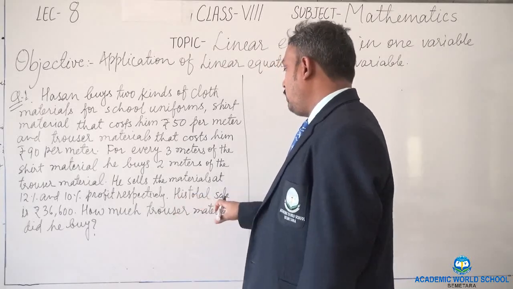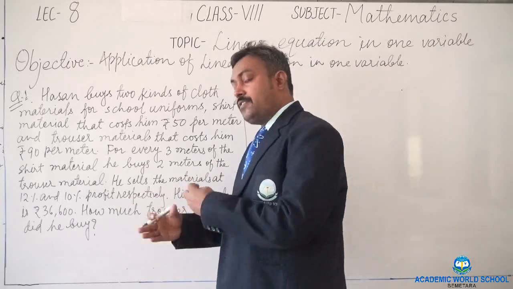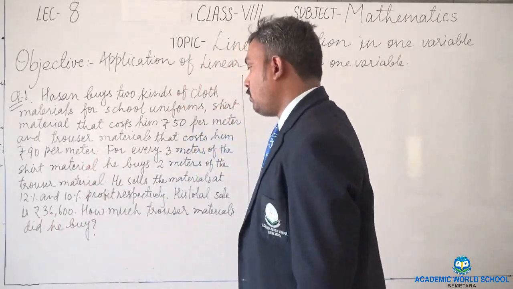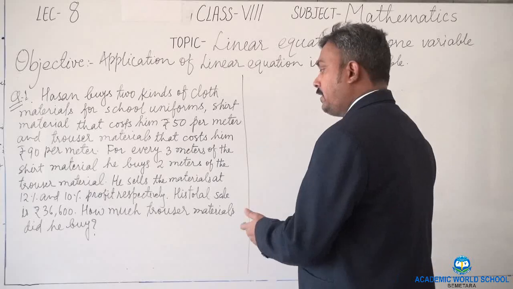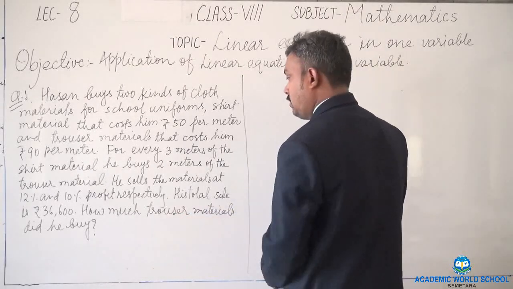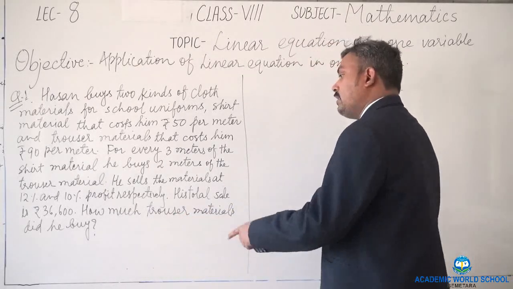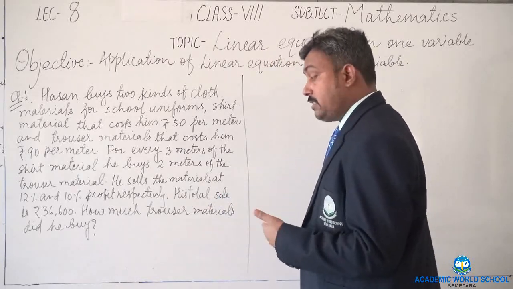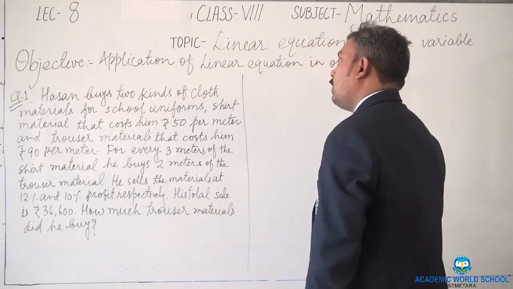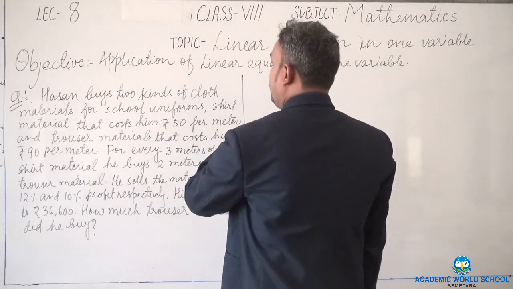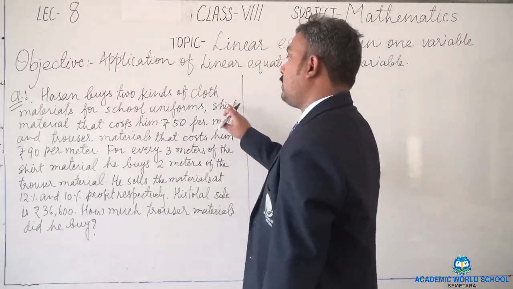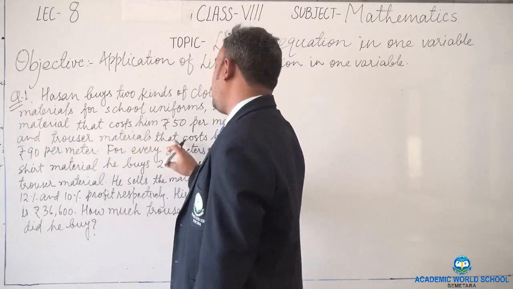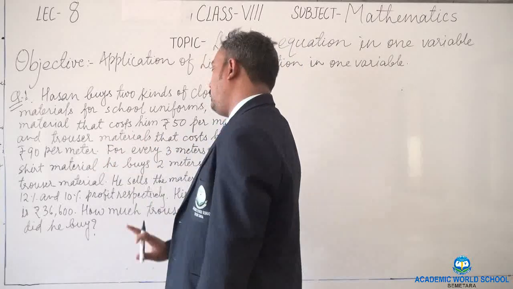Right. Then his total sale means after selling how much he gets? He gets 36,600 rupees. So we have to find here how much trouser material did he buy? So see the first condition, that the shirt material cost him rupees 50 per meter and the trouser material cost him rupees 90 per meter.